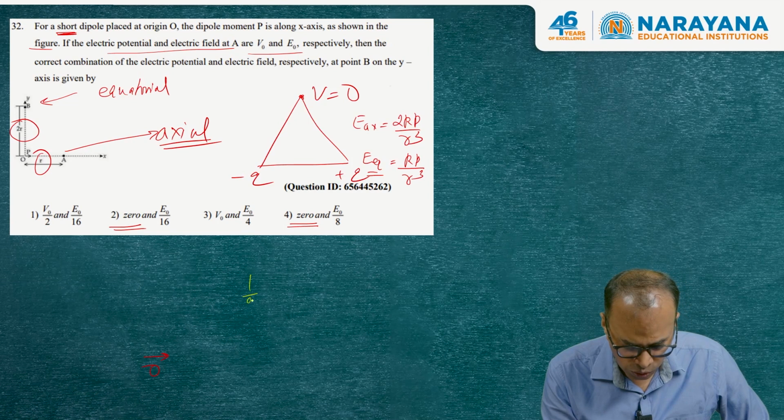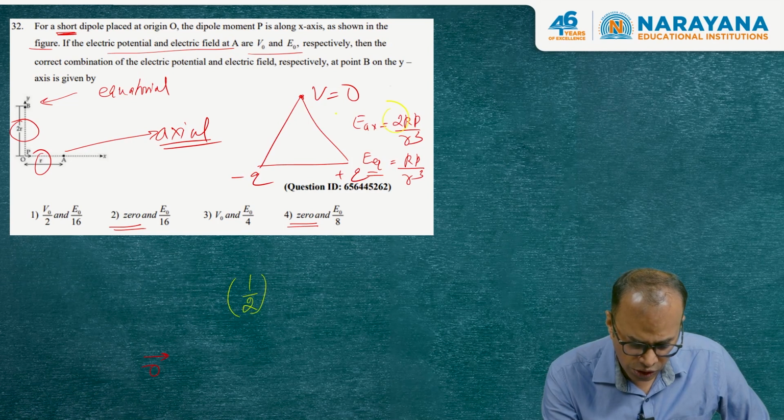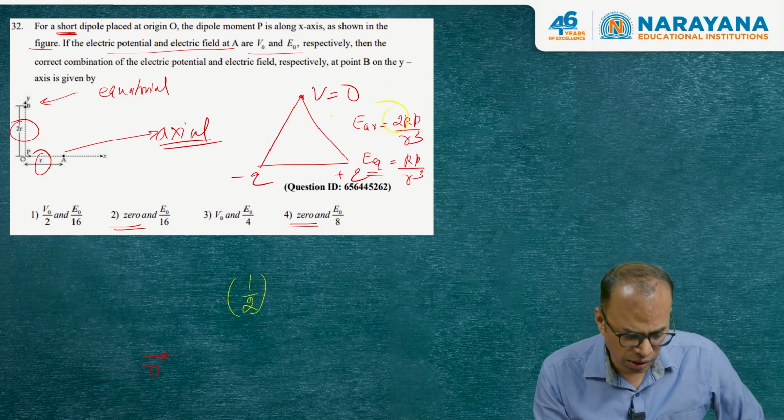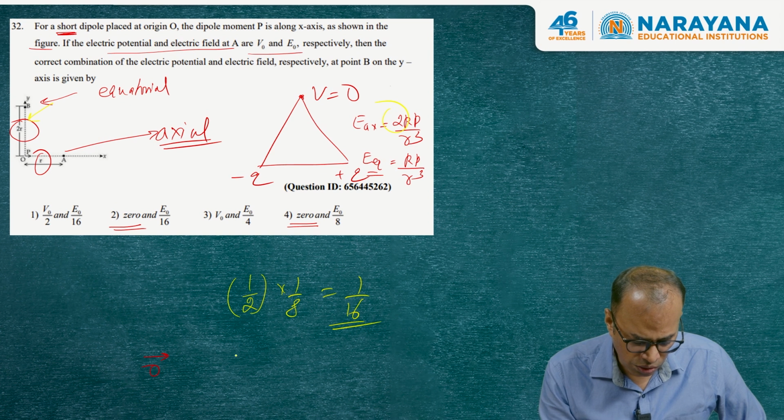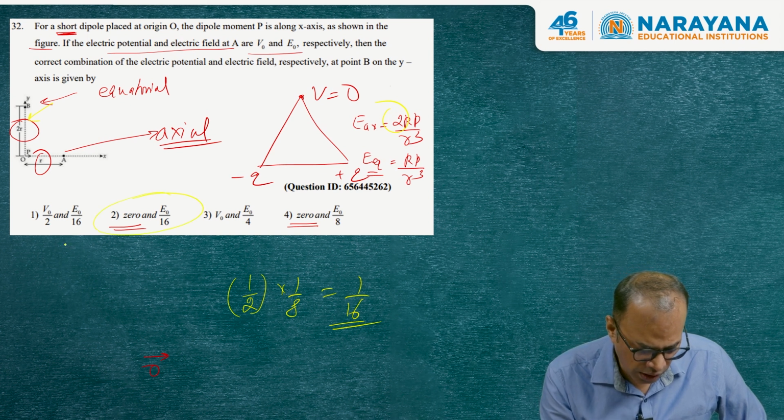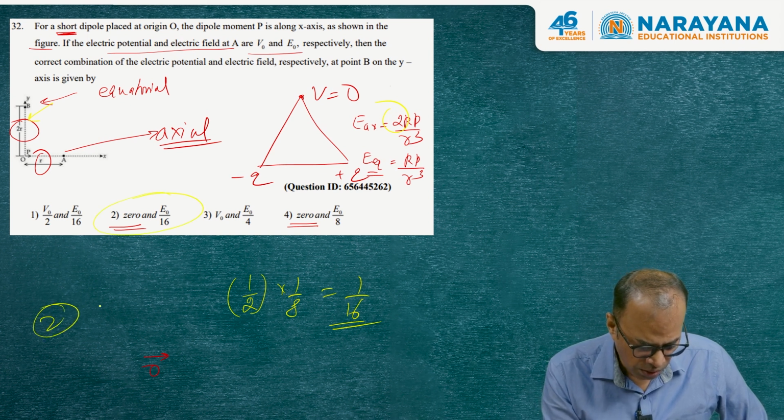So 1 by 2 because of this 2 missing in the formula, and then the distance has doubled, and if r is doubled, its cube 1 by 8 factor should also come. So 1 by 16. So that means option 2 is the answer. Potential is 0 and field is E naught by 16.